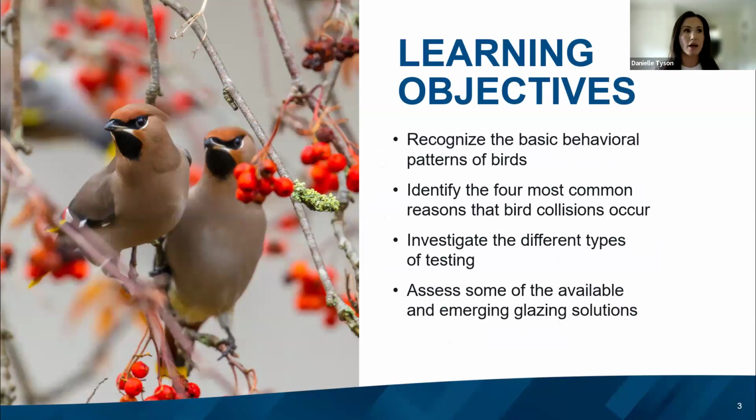And what I'm looking to accomplish here is to give you a baseline of information that you can start with as you're looking for bird-friendly glass solutions for a project that you're working on. So we're going to look at behavioral patterns of birds, why birds collide with glass, look at the ways that different glass products are tested, and then look at some products that are available currently or are coming online soon.